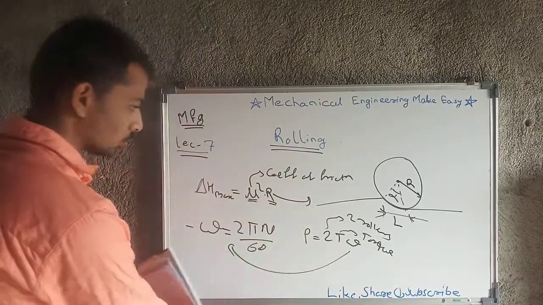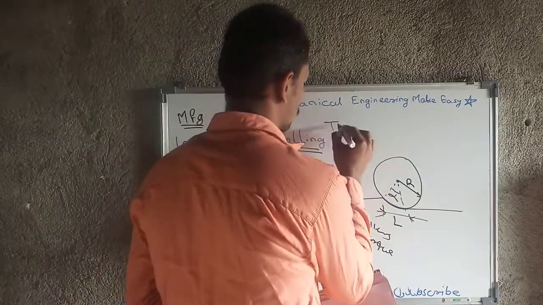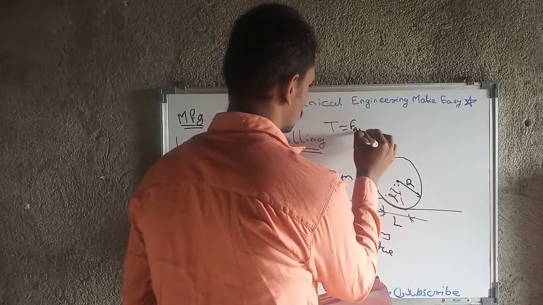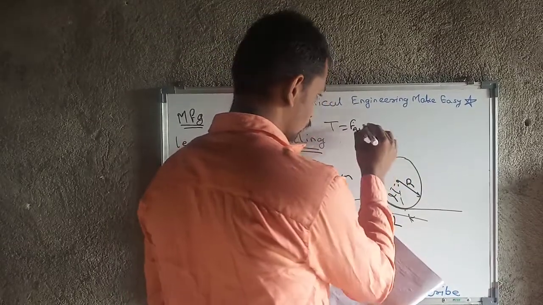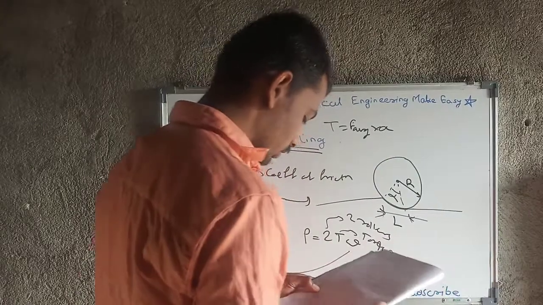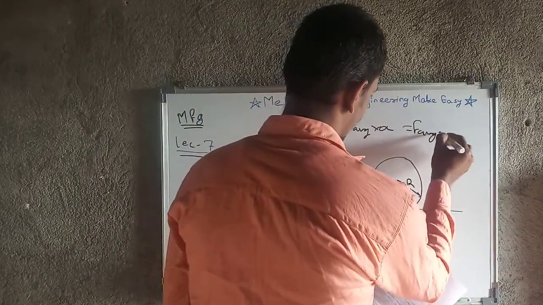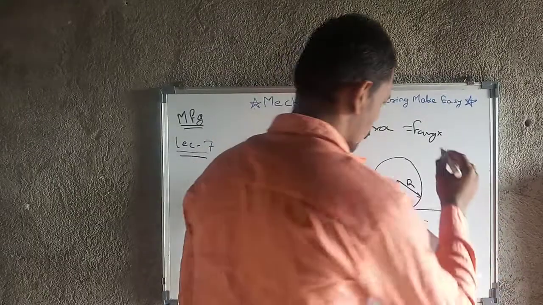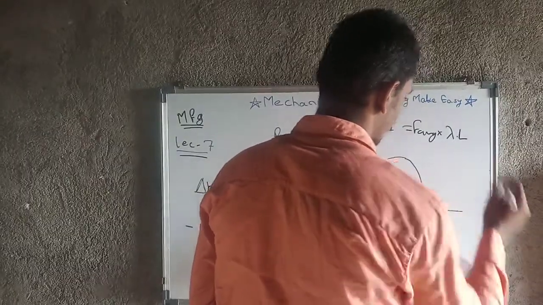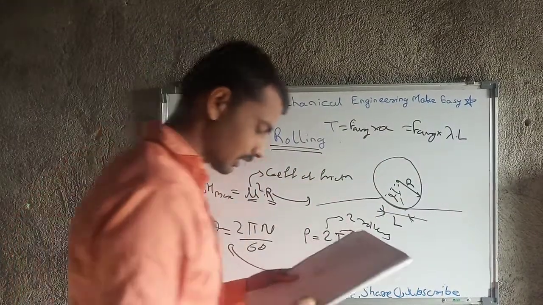Okay, so now we will move towards the torque formula. Torque is nothing but F average into A. Okay, and what is that A? A is nothing but lambda into L, and what exactly is that lambda?